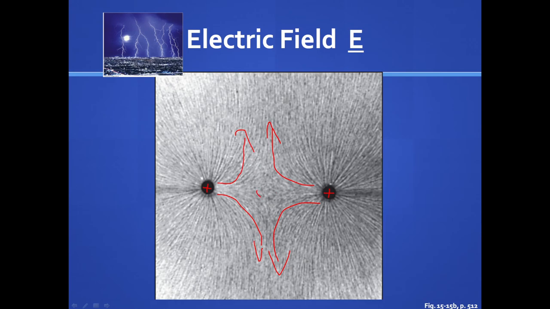This little nebulous zone in the middle here, the iron shavings here aren't really pointing in one direction or another because all the field lines here are kind of colliding and the field kind of stops existing right here. The lines are a lot better defined closer to the objects and in the spaces where the two field lines aren't directly affecting each other.